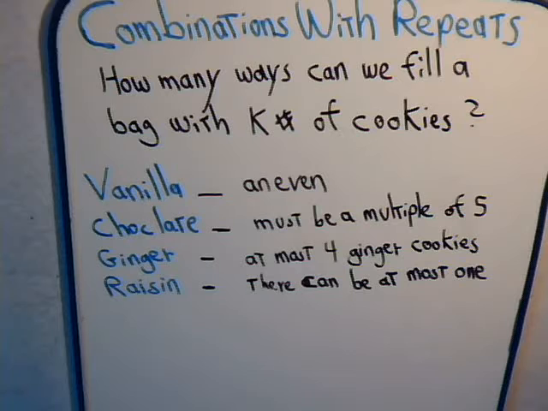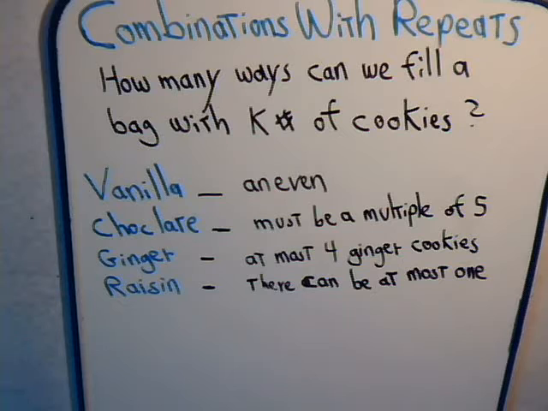If the bag is going to contain chocolate cookies, there has to be a multiple of 5. And for each bag, there can be at the most 4 ginger cookies, and at the most for each bag, 1 raisin cookie. So subject to these constraints, what are the number of ways that we can fill a bag with k number of cookies?